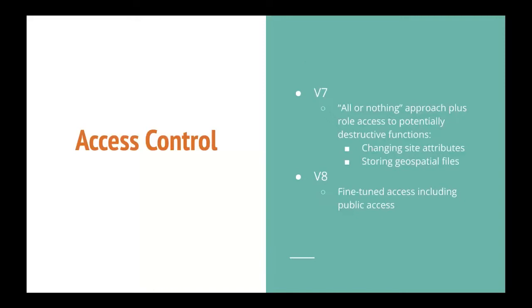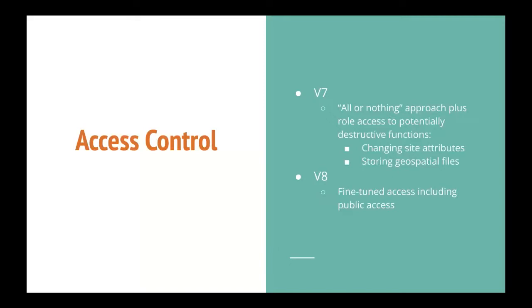In version 8, we want to fine tune that further, but we really don't know what people want. We had an idea and we put it in the user's guide, but it's probably not enough. But we would like to be able to really fine tune what people can see, including anonymous public access.